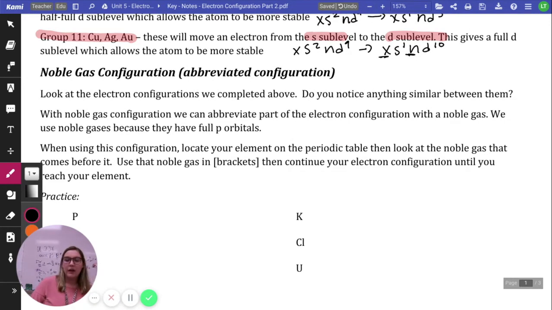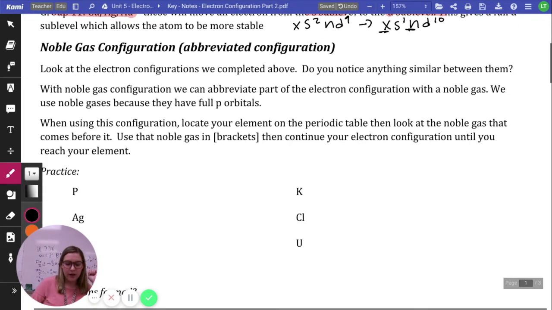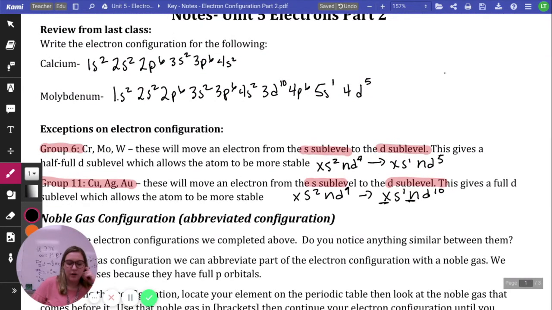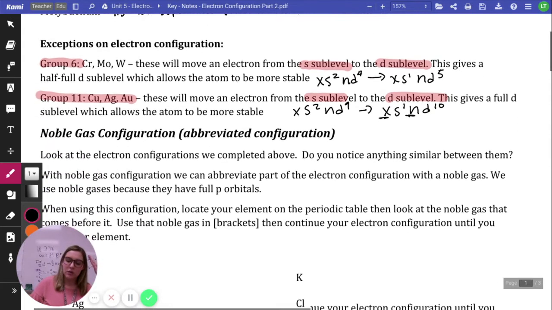So now we're going to talk about our next type of electron configuration, and that is noble gas or abbreviated configurations. Let's look at our configurations up here. You guys see, like for calcium and molybdenum, our configurations all start the same: 1s2, 2s2, 2p6, 3s2, 3p6, and so on. That's a lot to write.